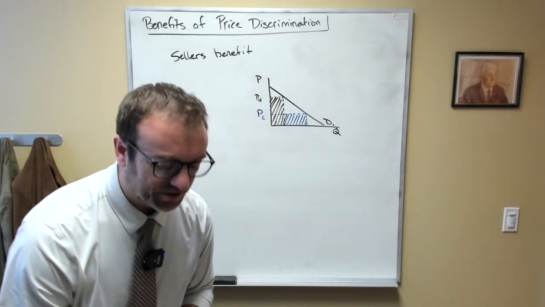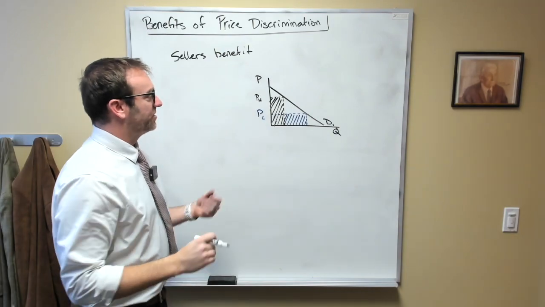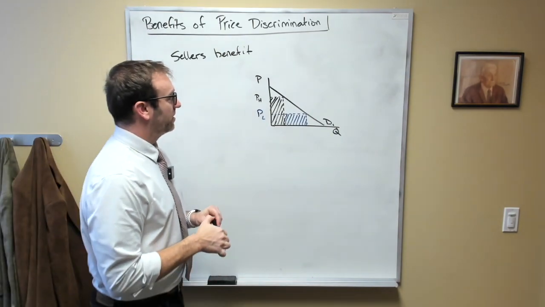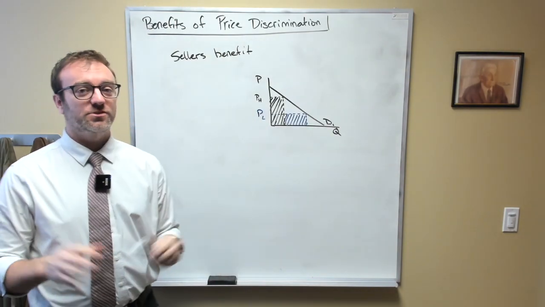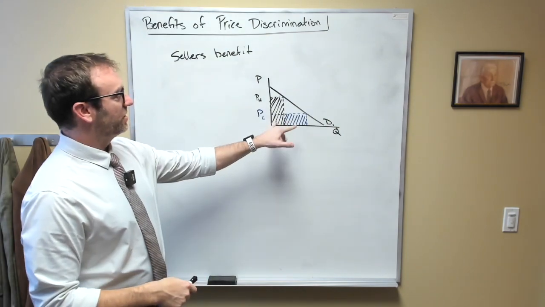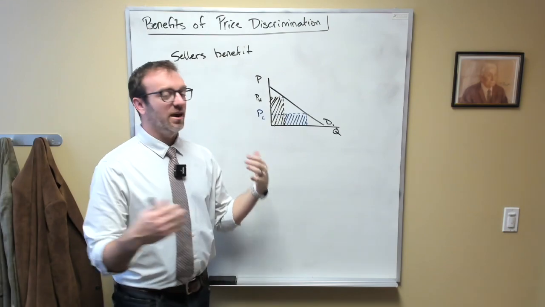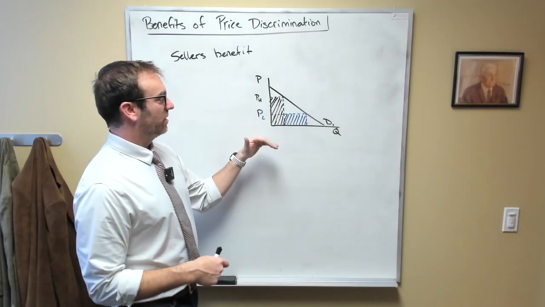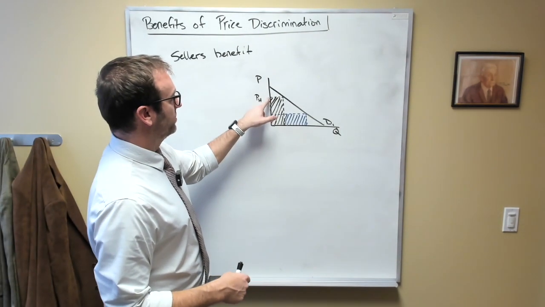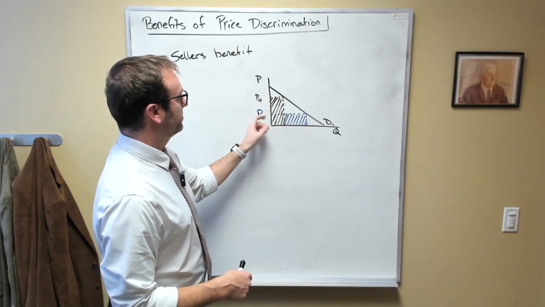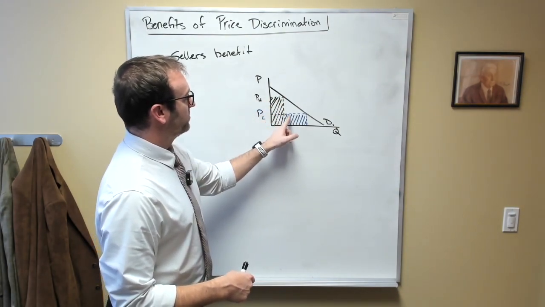Okay, so we can see that by being able to separate this market into two groups, even just two, we can actually gain more revenue. Because remember, the revenue is equal to the area underneath the curve. In this case, the revenue here is this black box, and the low price is this blue box.